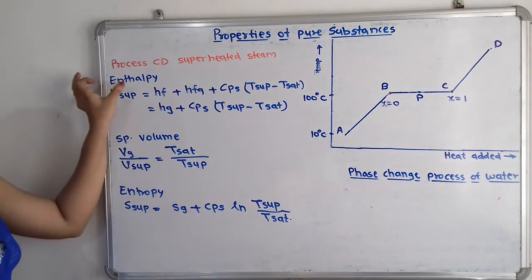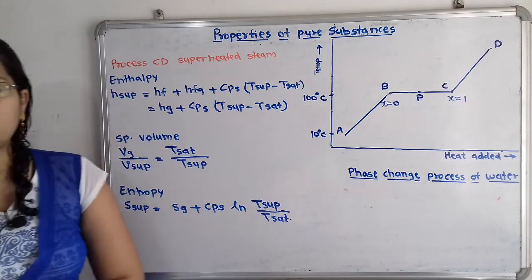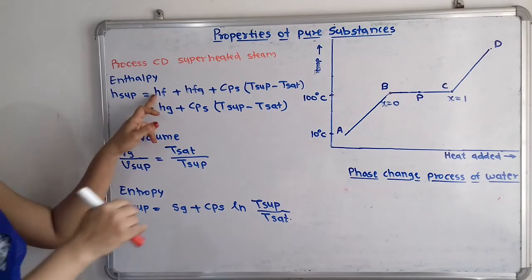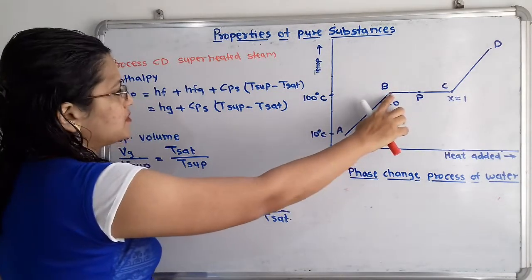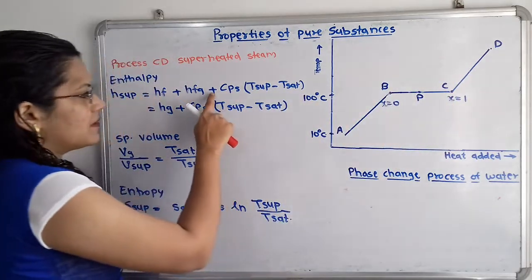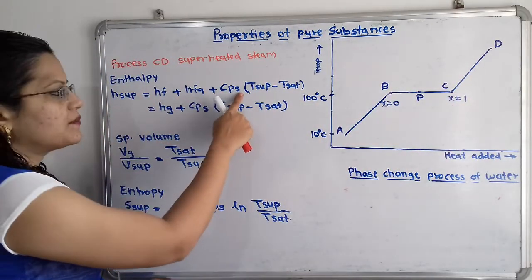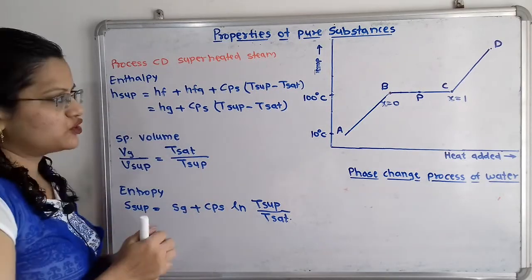So how to define the enthalpy for the superheated steam? It is known as H superheated, and it is the addition of Hf plus Hfg plus Cps, that is the specific heat of superheated steam multiplied by the temperature difference.